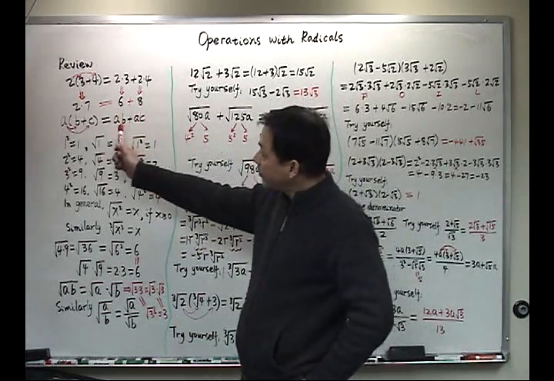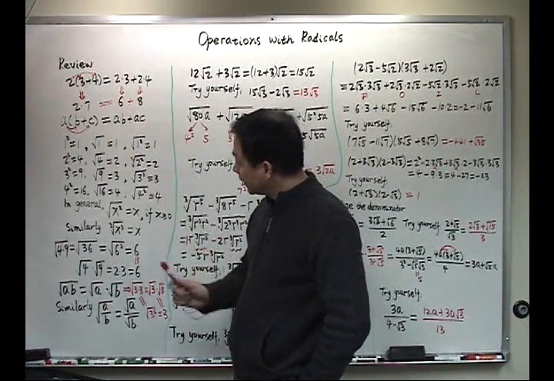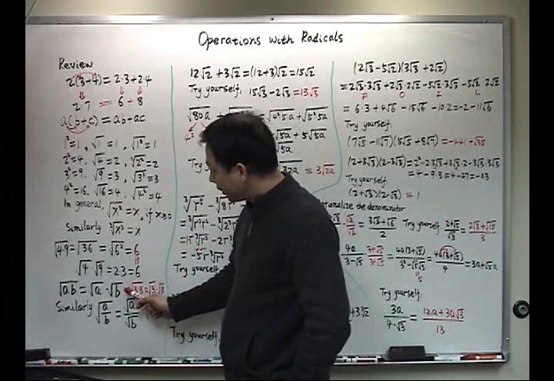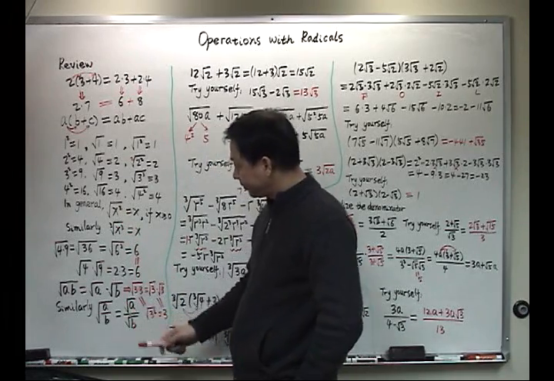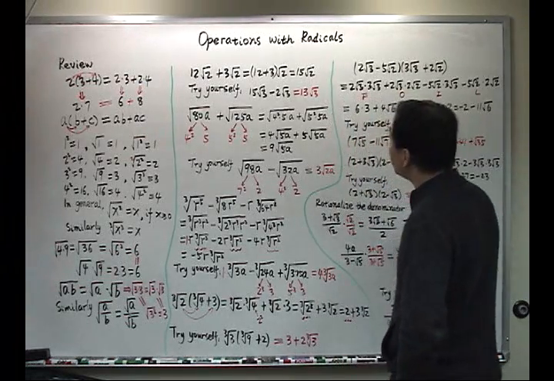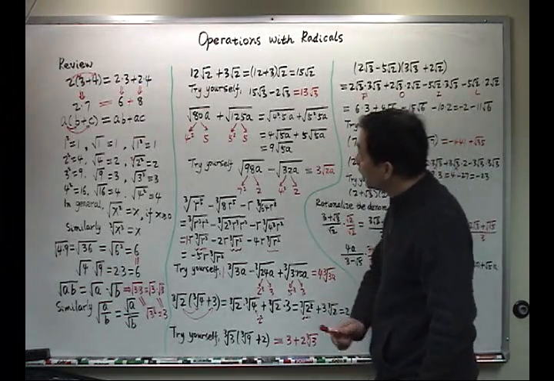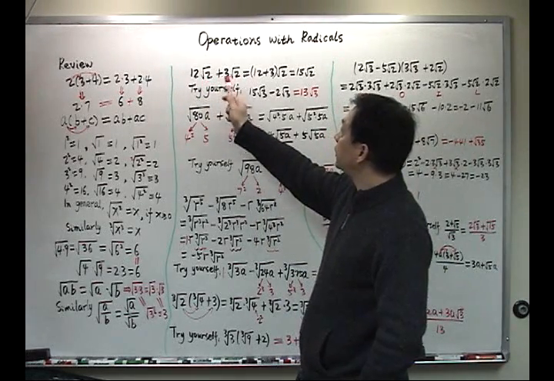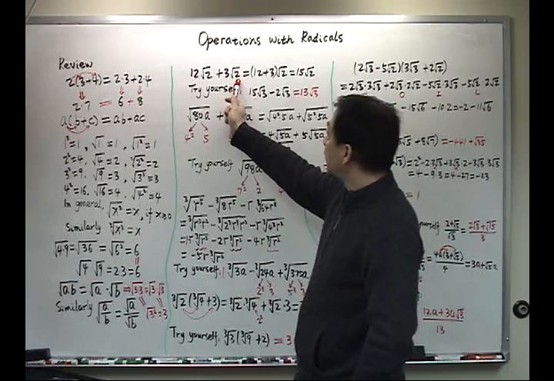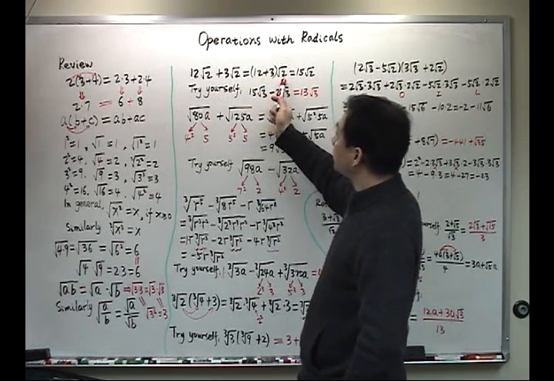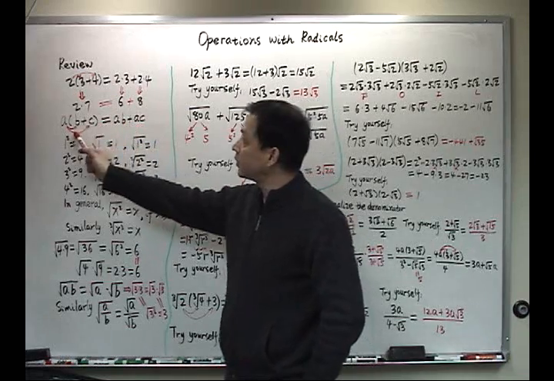With the distributive property in our mind, and with those two properties, we are ready to do the addition first. You know, 12 radical 2 plus 3 radical 2 is like 12 plus 3 times radical 2 by the distributive property.